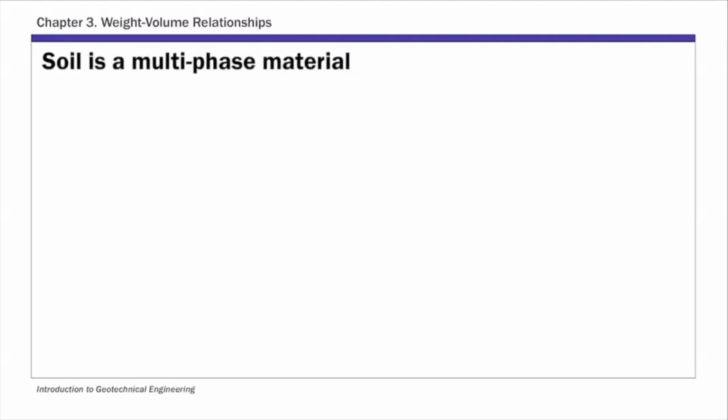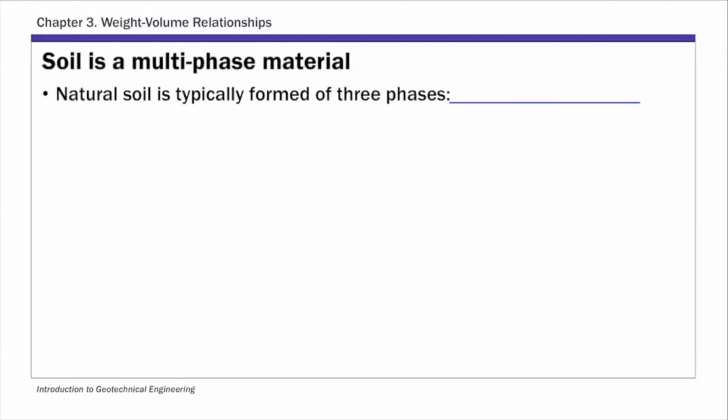So the first thing I want to point out: in that Shelby tube, when you take a soil sample from the field in its natural state, soil is actually a multi-phase material. Most commonly, natural soil is formed of 3 phases. The first one is obvious, it's solids. You have the solid particles, that's the first phase. Natural soil typically has some moisture content, has some water.